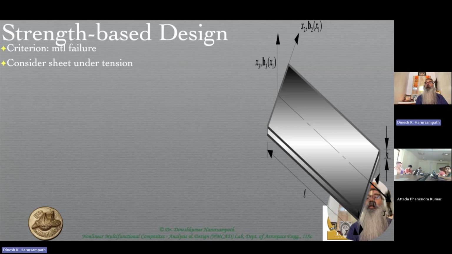So anything along that dimension will be called a transverse quantity if you're dealing with this as a plate. If you're dealing with this as a beam, yes, this will be a transverse quantity. In addition, you will have your b2 also as a transverse direction, because that's also a smaller dimension, b, compared to the length L. Okay, so your x2 dimension that you have over there.